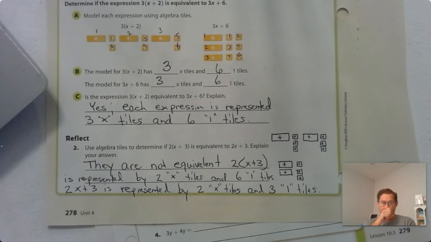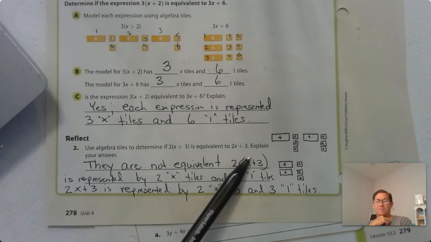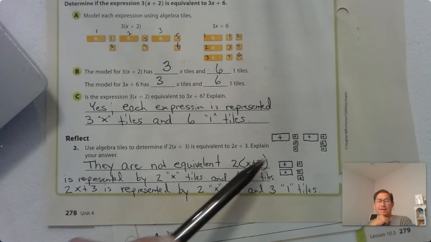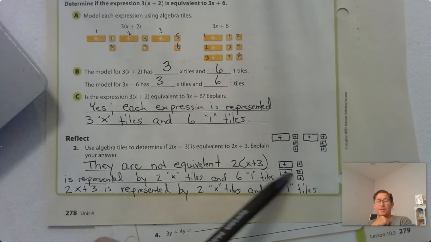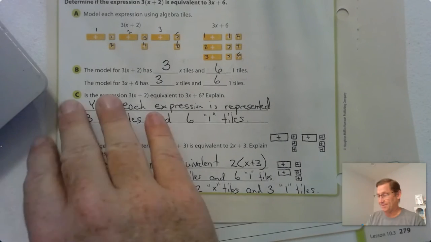So they're not the same. The difference is that in 2 times the sum of x plus 3, there's going to be 2 sets of 3, or 6 1s. And in this one, 2x plus 3, there's only 3 1s. Okay, so they are not equivalent.